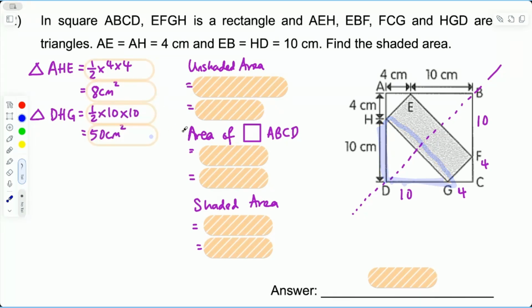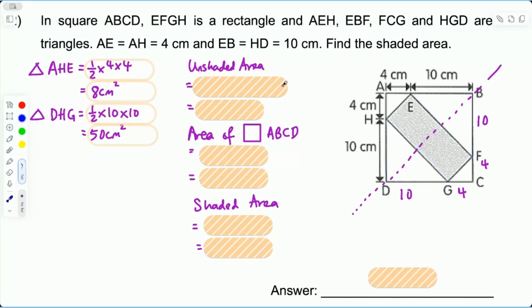That gives us 50 cm squared. Since we have a mirror image, this small unshaded triangle will be equals to the area of this small unshaded triangle. And this big unshaded triangle will also be equals to this big unshaded triangle.